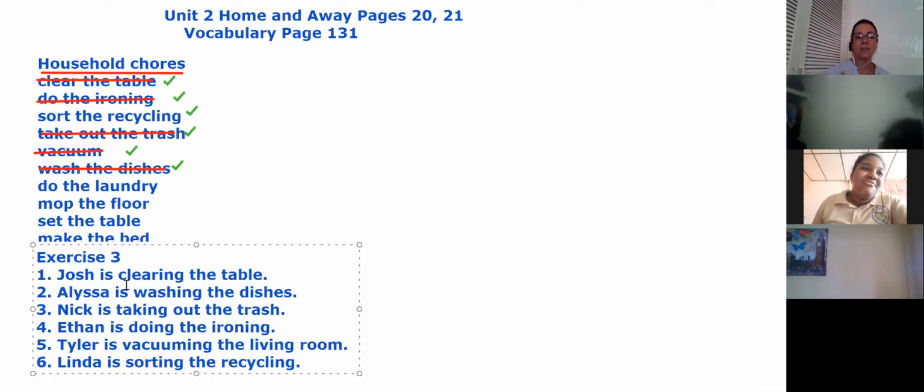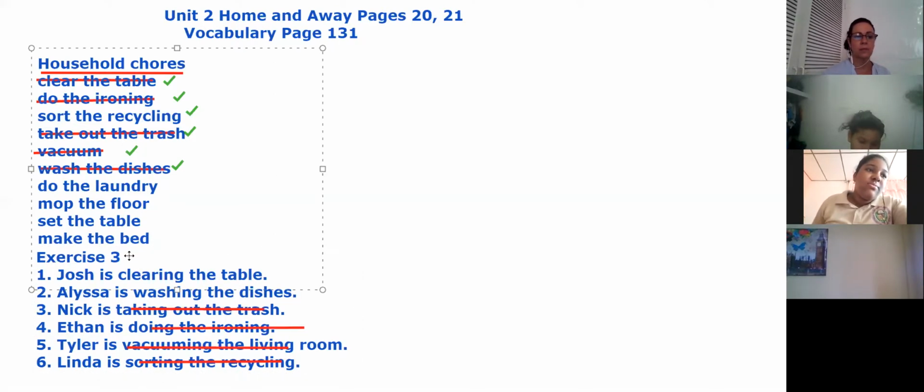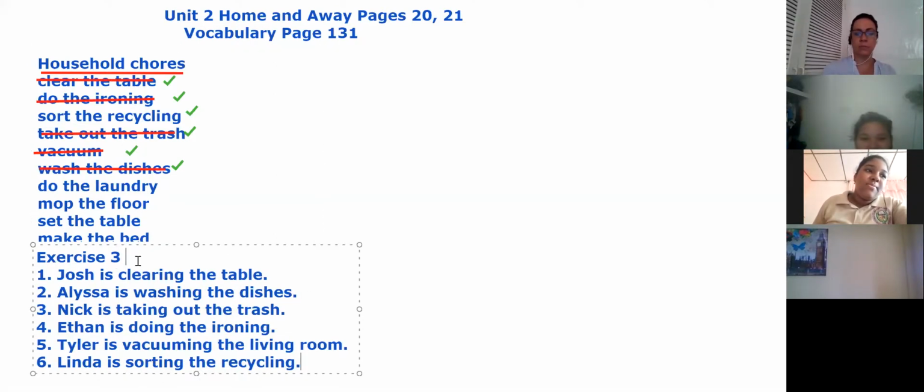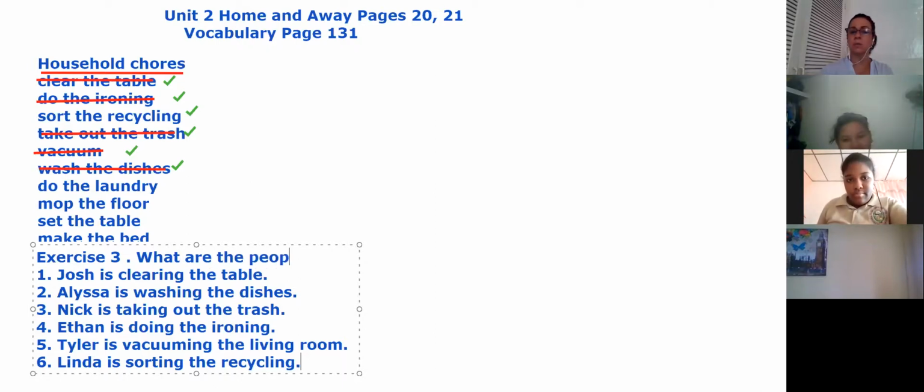So that is what we have. Those are the actions each one is doing 1 hour after, okay? These are activities they're doing 1 hour after. That's what it says here. Teacher, disculpe que me salí, es que la conexión estaba lenta. Yes, it is slow, don't worry.